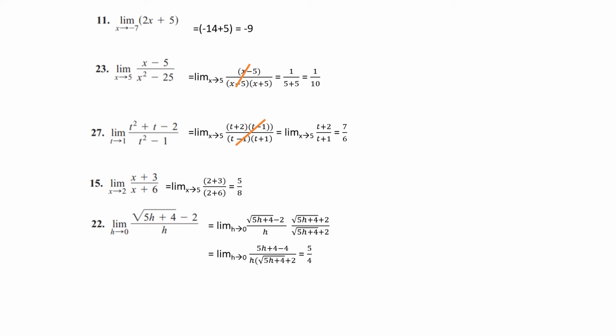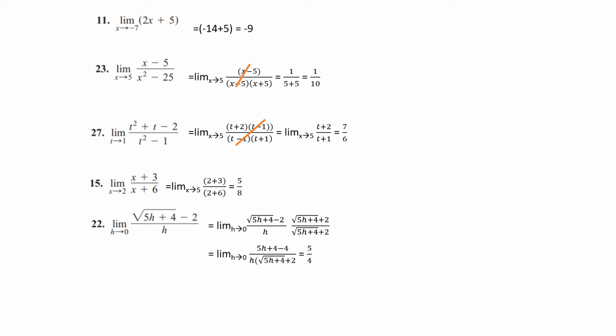Now we can substitute, right? So if we substitute, we're going to get the square root of 5 plus 1 over 3, right? This is 0, this is 2. 2 plus 2 equals 4, so it's 1 over 4, 5 over 5.